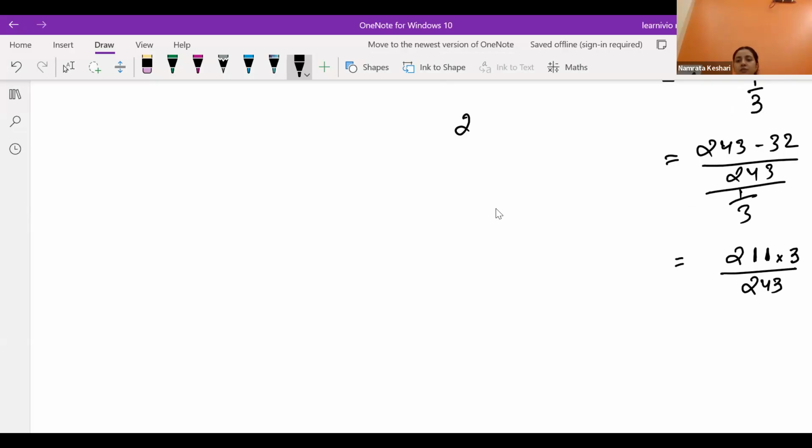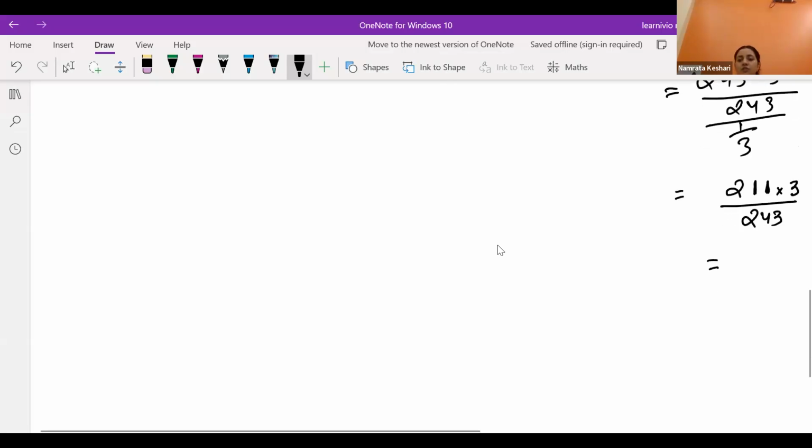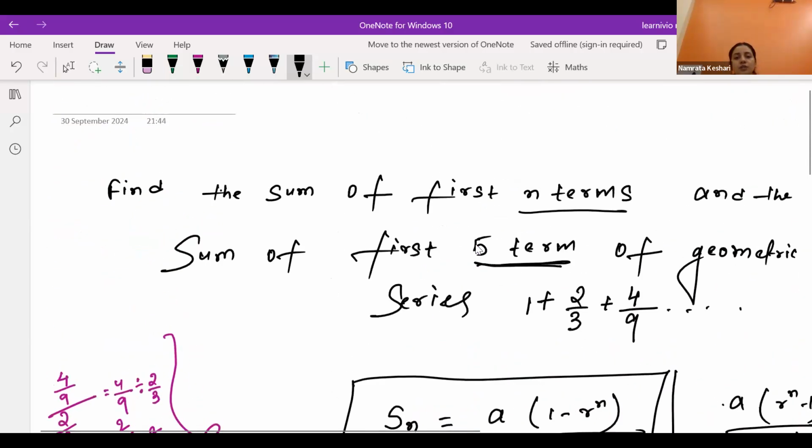Let's do the simplification, like cancellation. 3 times 1 is 3, 3 times 81 is 243. Is it possible to cancel further? No, it is not possible. So 211 by 81. This is the sum of 5 terms of the given GP.